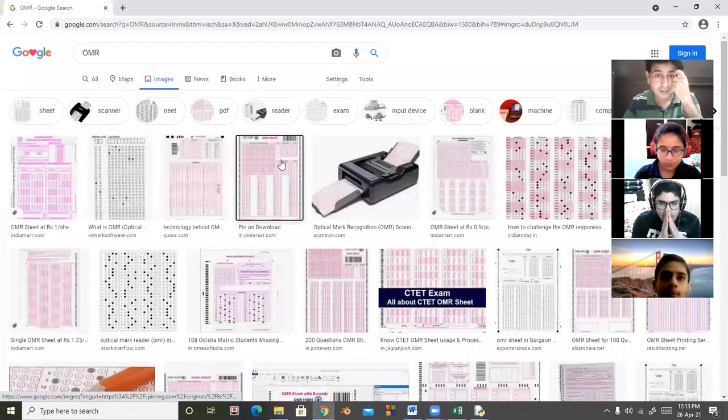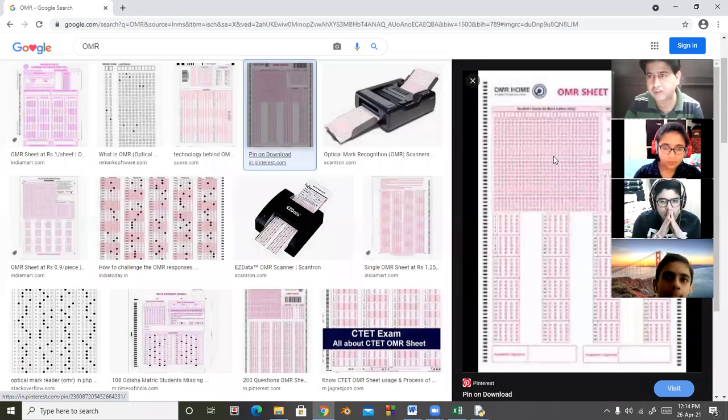Look at here, I am giving one example. So look at here. This is your OMR sheet.